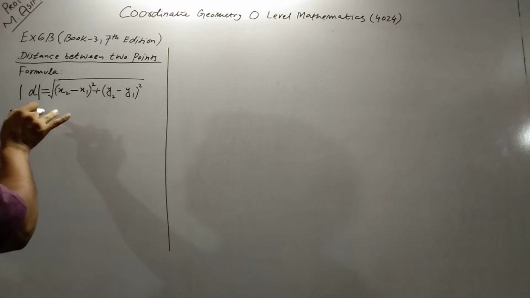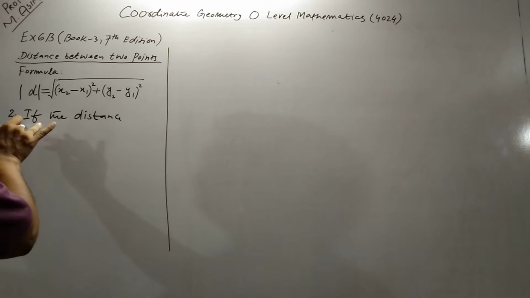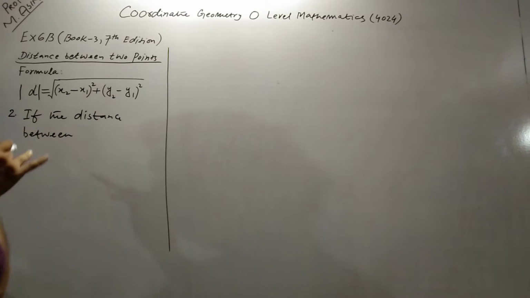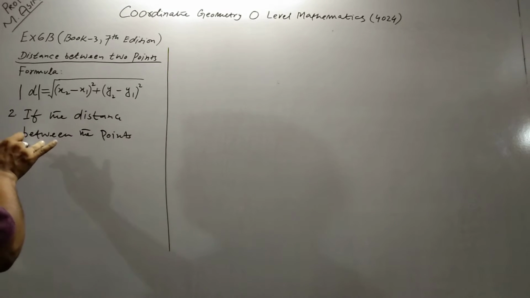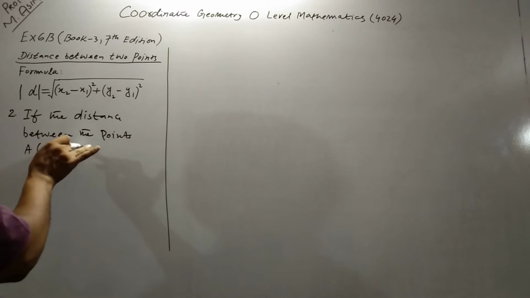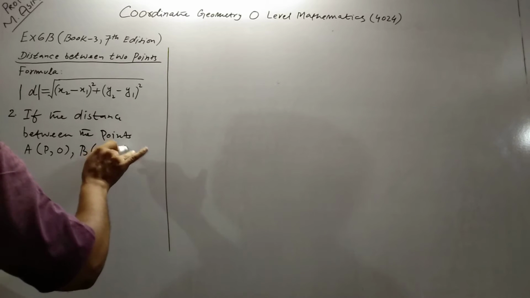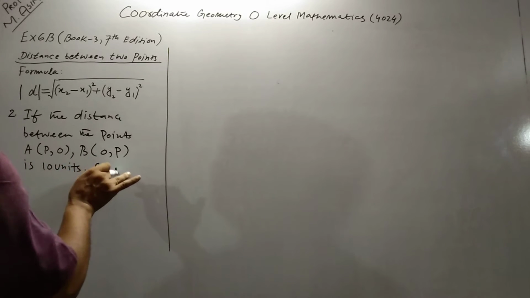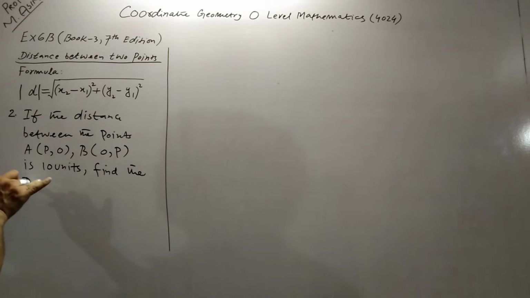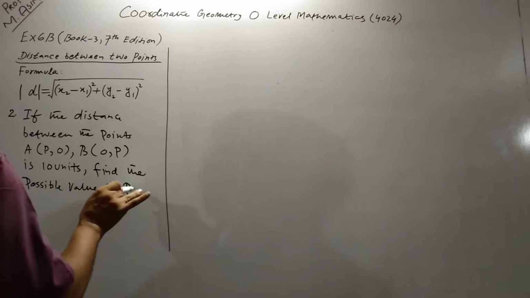If the distance between the points A(p, 0), B(0, p) is 10 units, find the possible values of p.